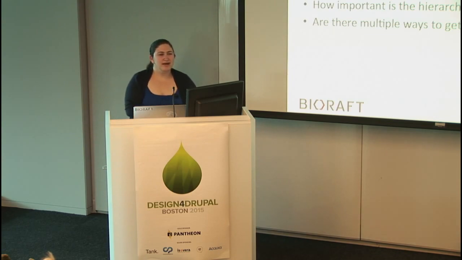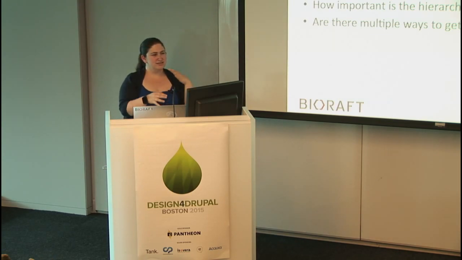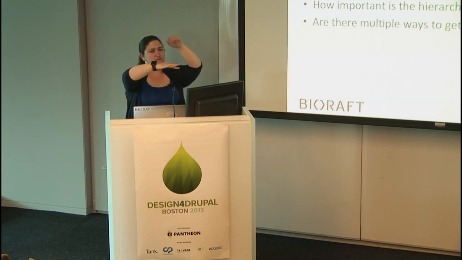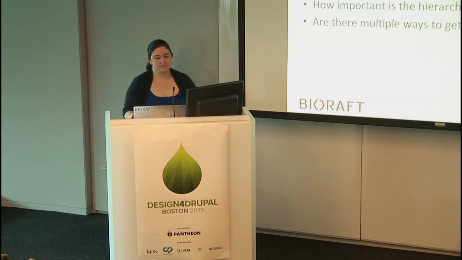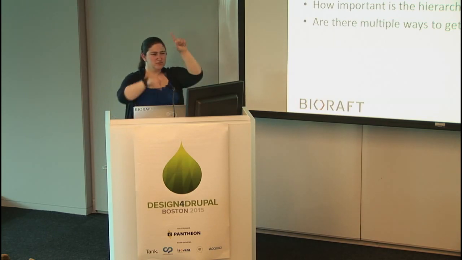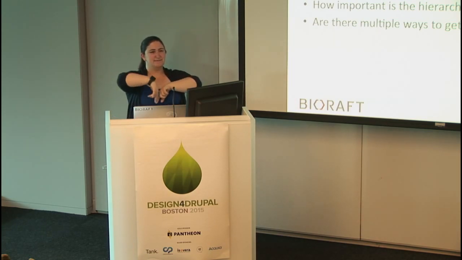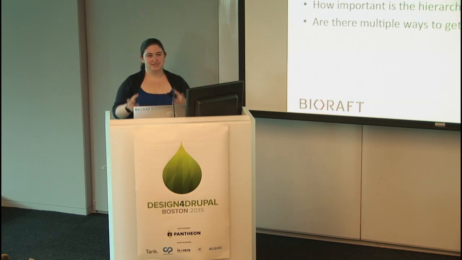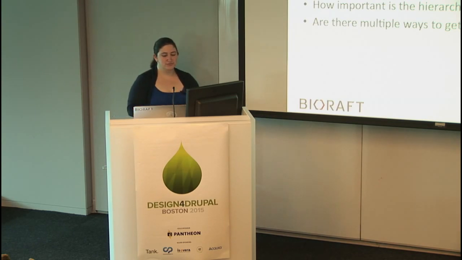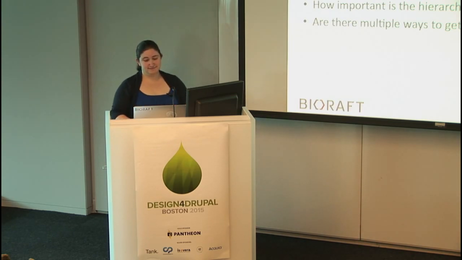And how important is it that there's the top level, and then there's a sub-level, and then there's the sub-sub-level? Is that critical to the way people are going to understand where they're going? And also, are there multiple ways that people would be getting to the same thing? And there are no right or wrong answers at this point. You're just pulling together the decisions that you need to inform your later designs.